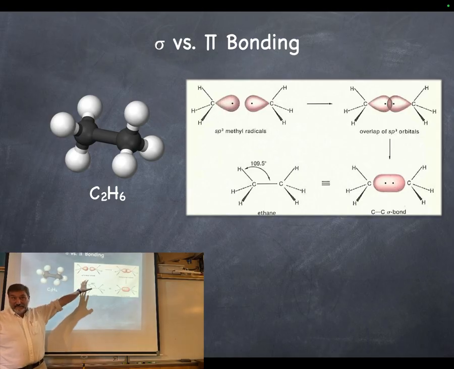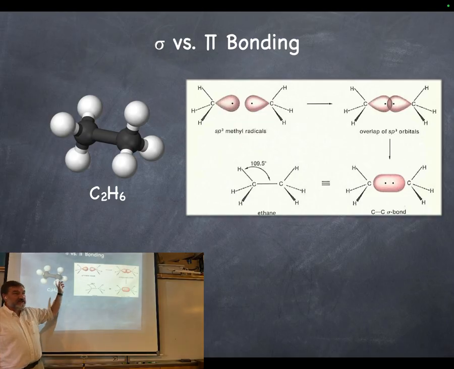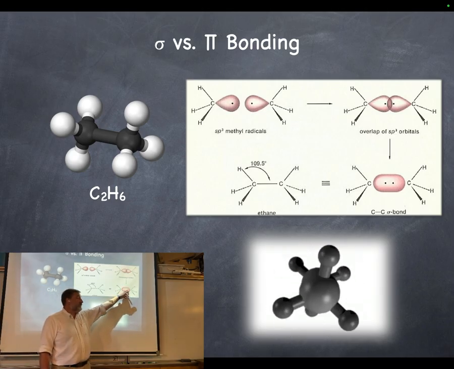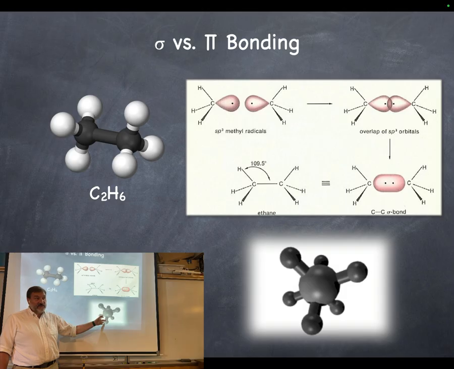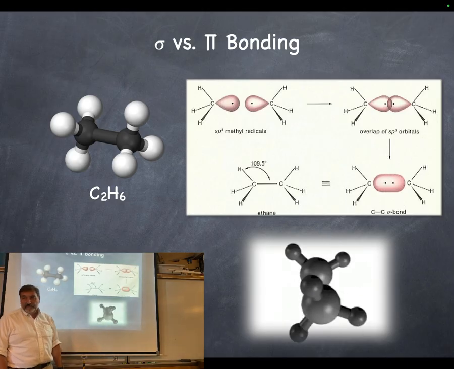This type of bond structure turns out to be important because it affects how the molecules behave. So C2H6, ethane. The ends of the ethane molecule, because this bond is radially symmetric, are free to spin. This molecule is spinning around. Each end is spinning independent of each other.